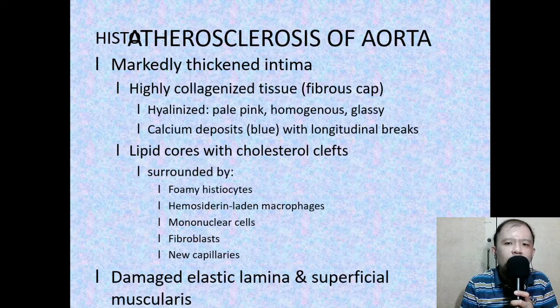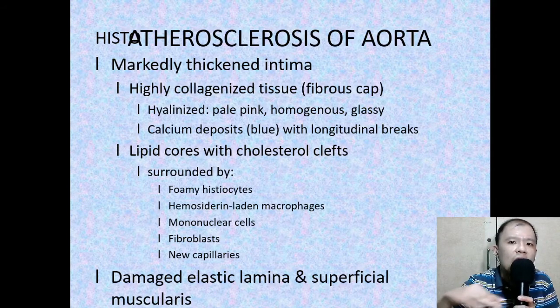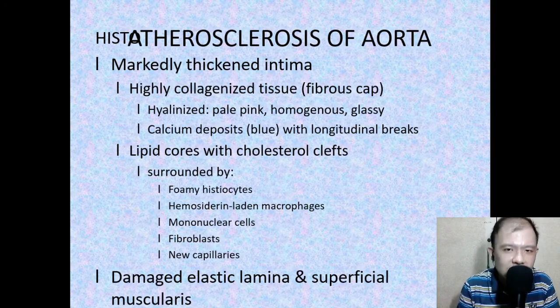And what makes it worse is that the blood vessel forms a new tunica intima, a neo-intimal proliferation of smooth muscle cells, okay.